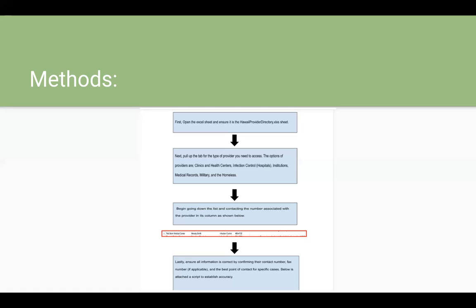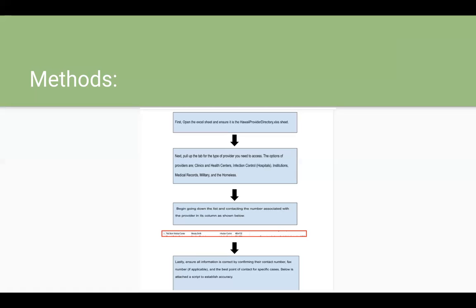When I started calling providers, I introduced myself, where I was calling from, explained what I was updating, and that I was from the Department of Health, and ensured that that was the proper number to contact if there are any questions about disease surveillance or specific patients' medical records, and what preferences that they may have. If there was no specific contact person, I left that section blank.